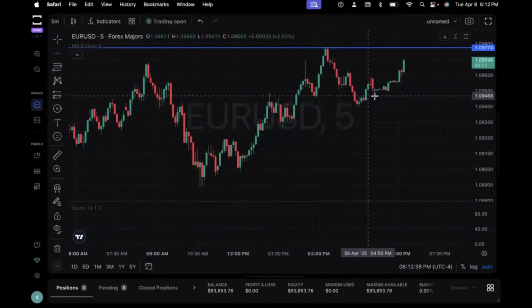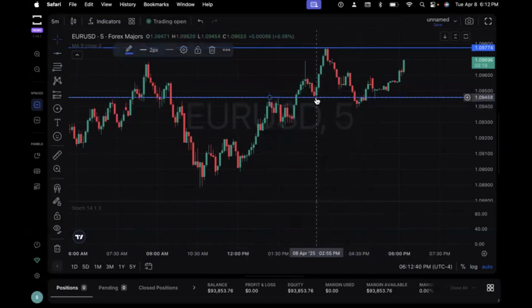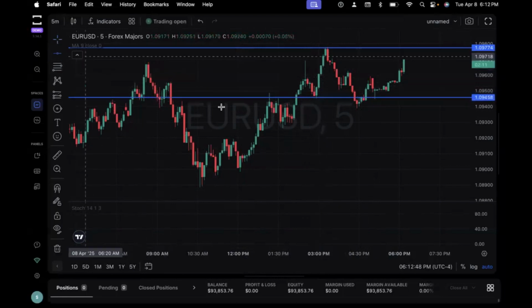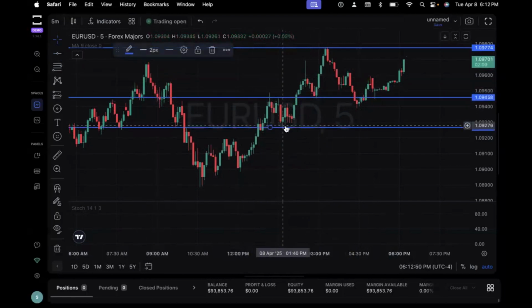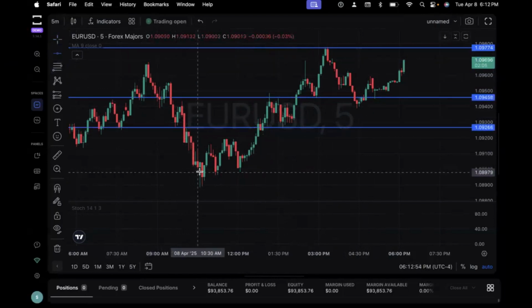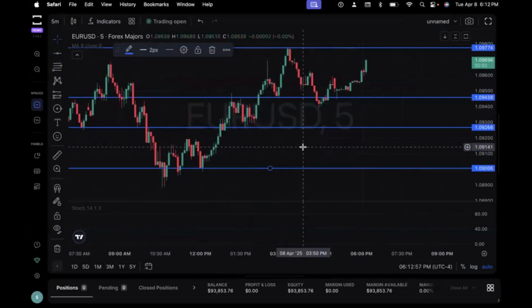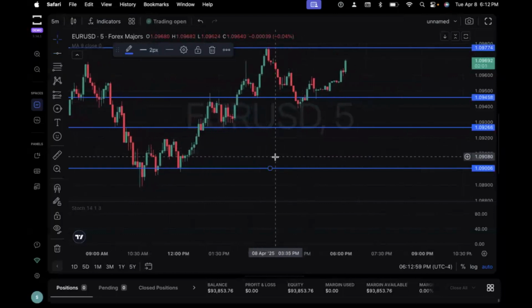You want to do the same thing for areas of support. If we had some activity and then the market went up, that's going to be a strong area of support. Here's an area of support. On this side is resistance. So we're just going to mark a few. We have about 4 lines.